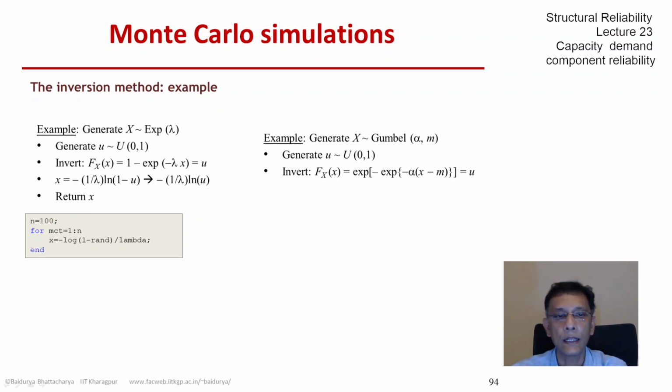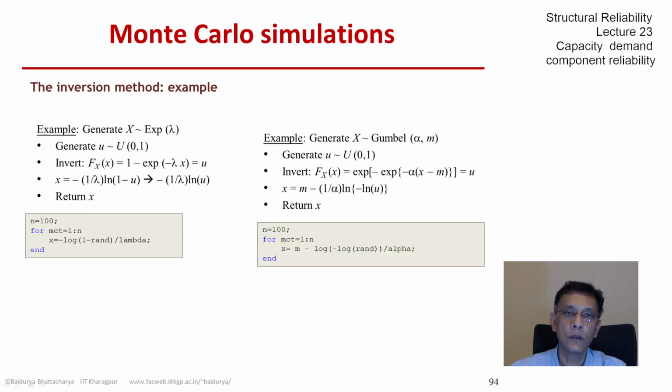So going through the algebra, x would be m minus 1 over alpha times log of minus log of u. And this is the value that we would return. The code would look something similar as you see on the left. We would have a call to again rand and keep doing it until we have generated the desired number of samples.